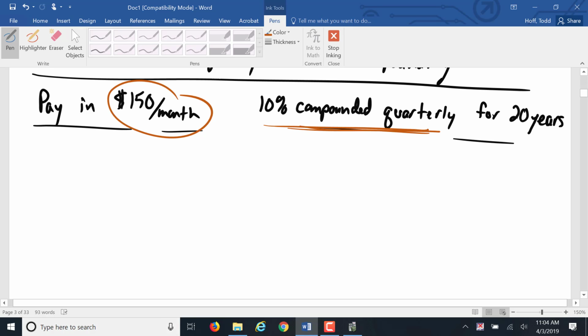So if this $150 was put into the account every month, interest would have to be calculated anyway, and that would effectively make it compounded monthly. So then it would be no different than the regular annuity problems that we've looked at where they were compounded monthly. So we're going to say that this $150 times 3 months in a quarter is going to be $450 per quarter.